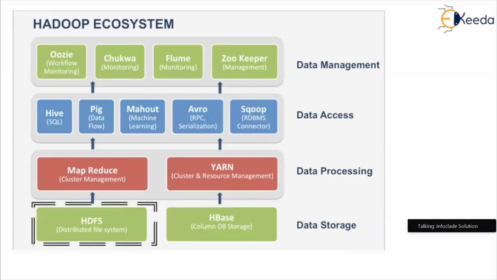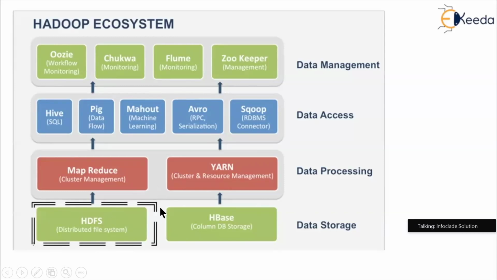From the plants we take oxygen and we give carbon dioxide, and that carbon dioxide is again helpful for the plants and the food cycle. Just like that, in the Hadoop ecosystem, each and every component has its own work to handle.